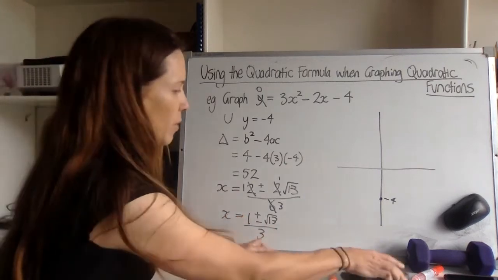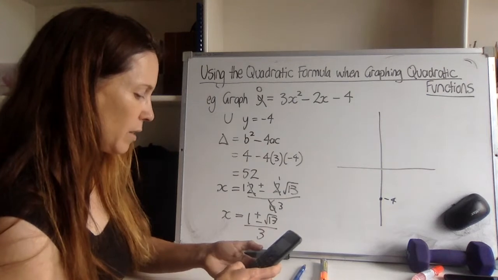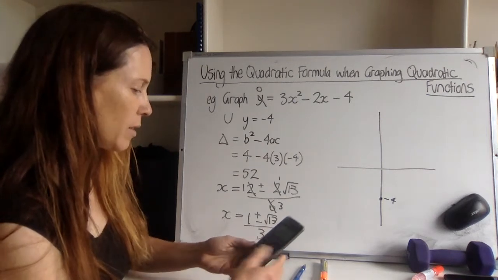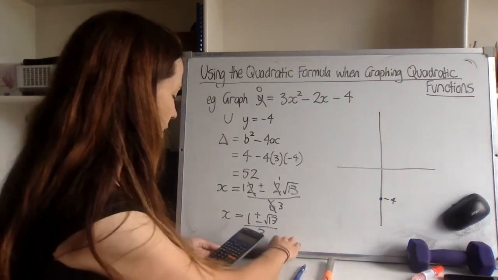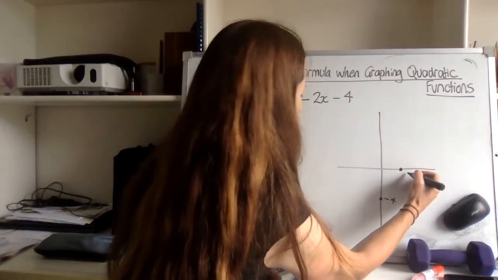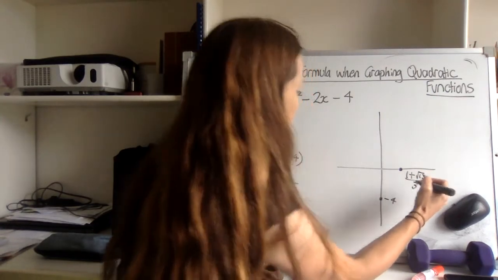Now, putting that in my calculator is a good idea just so that I know roughly where this is going to sit so that my graph looks sort of roughly right. So the bigger one is round about 1.5, but it's not exact. So let's label that as 1 plus root 13 over 3.